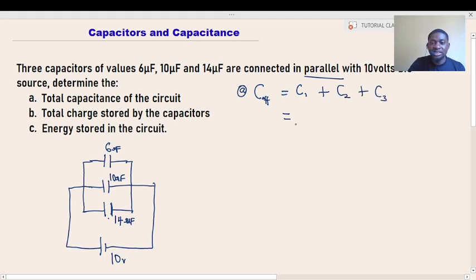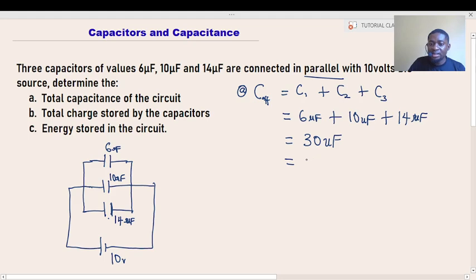So C1 here is 6 microfarad plus 10 microfarad plus 14 microfarad. When we add all this together, it gives us 30 microfarad.